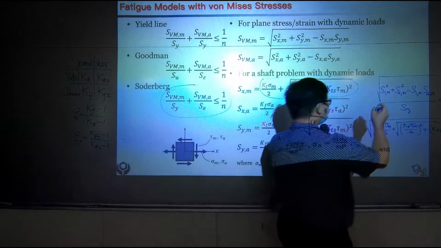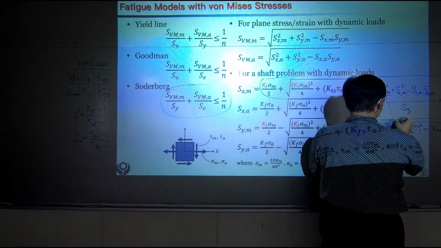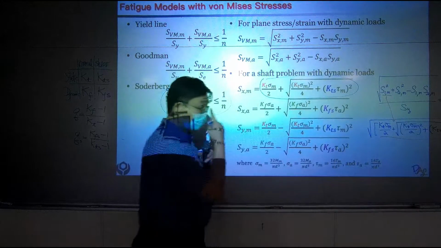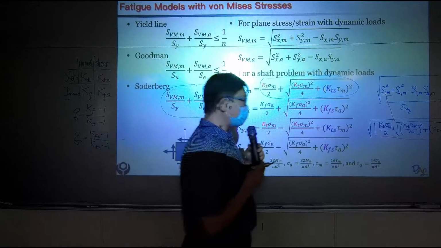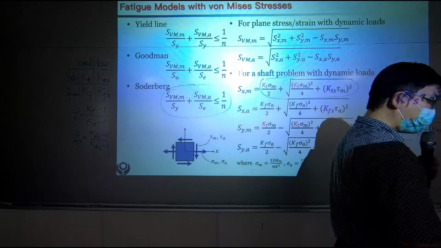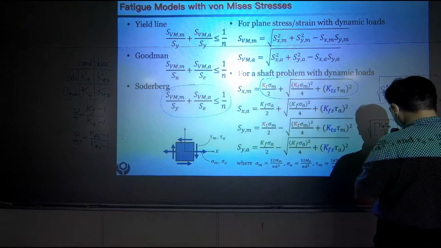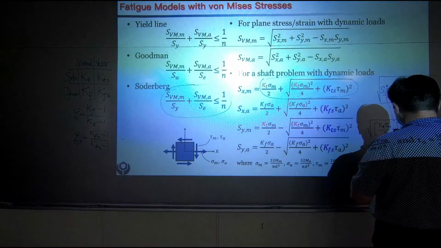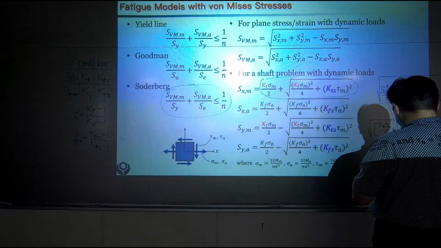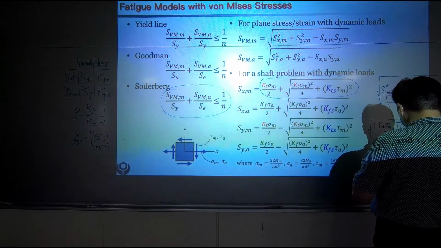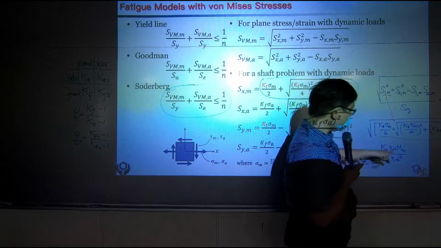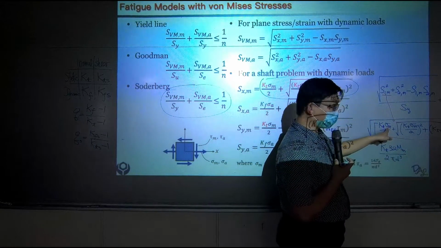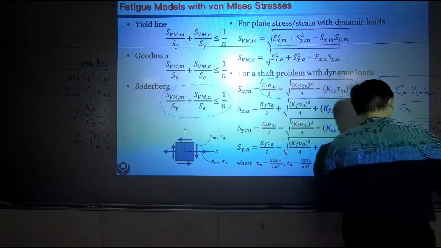This is only this guy here. And what could be even messier is that if you apply the 32n over pi d cubed to your sigma, it's even messier.